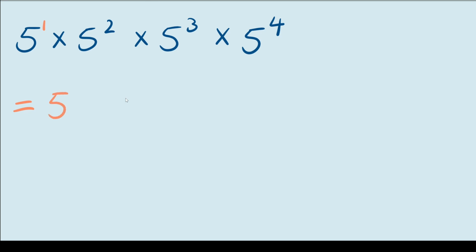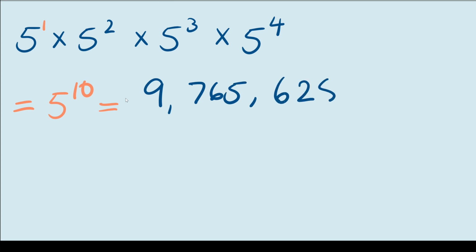So 1 plus 2 is 3, 3 plus 3 is 6, and 6 plus 4 is 10. So I have 5 raised to the 10th power, and I can solve for that. And like I said before, you won't be expected to know this off the top of your head because the answer is actually 9,765,625.